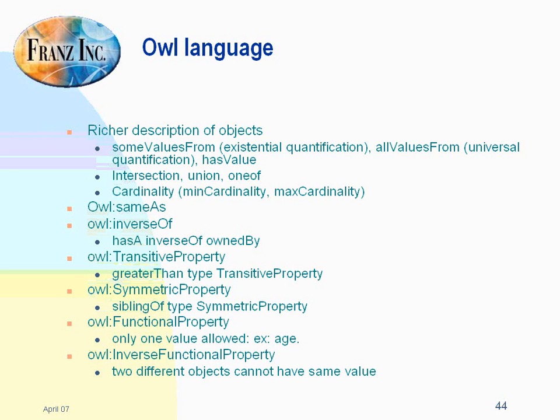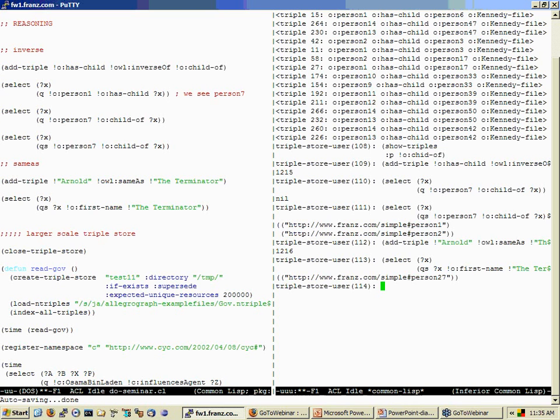Great. I've got a question too. Are there standard benchmarks for triple stores anywhere where we could see AllegroGraph compared to other alternative implementations?